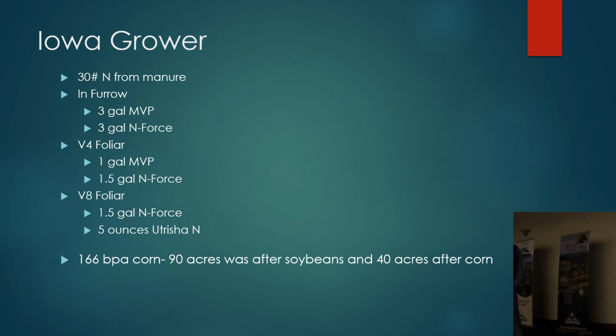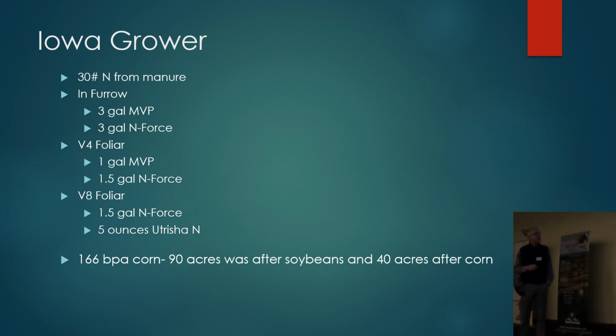We had an Iowa grower that, again, was limited on the amount of manure he had. He got 30 pounds of nitrogen from the manure. In furrow, he used the 3 gallons of MVP, 3 gallons of N-Force, that's at 8% amino acid nitrogen.